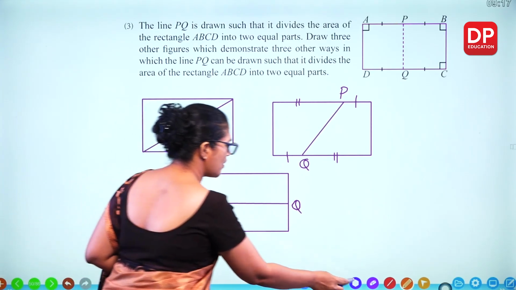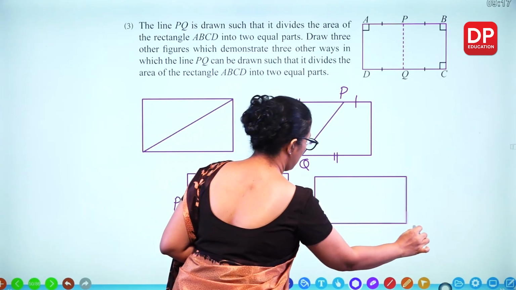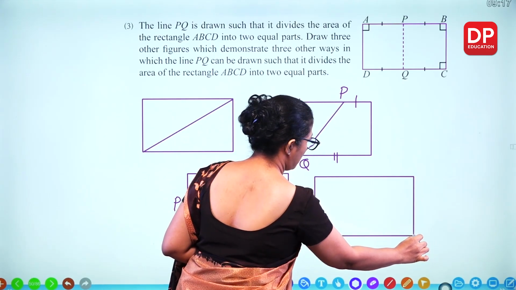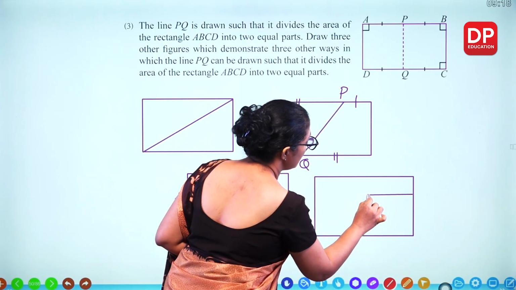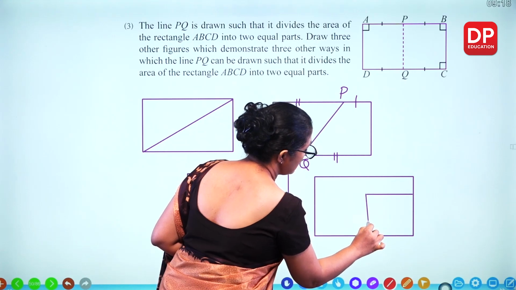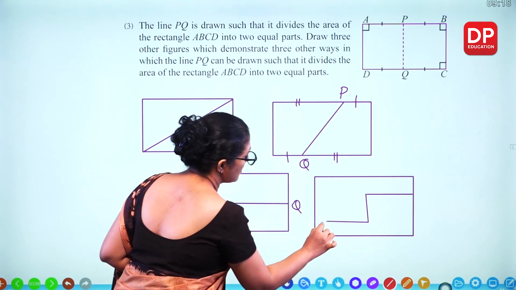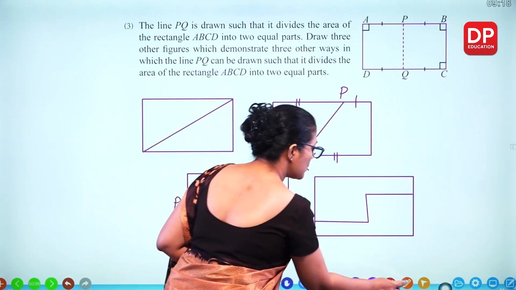And another one you can try, so I'll take here and here, something like this PQ line. So PQ is here.